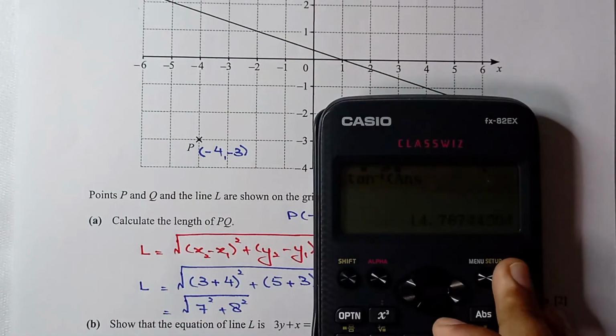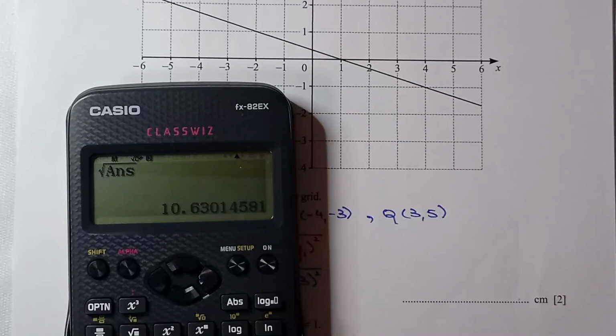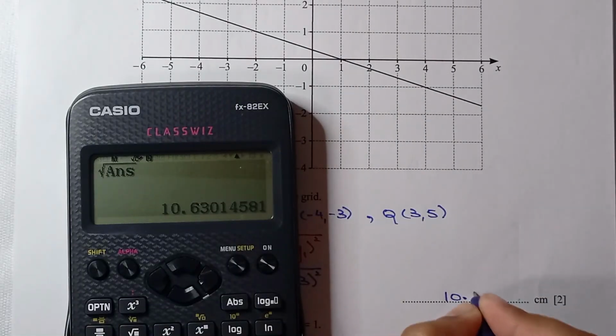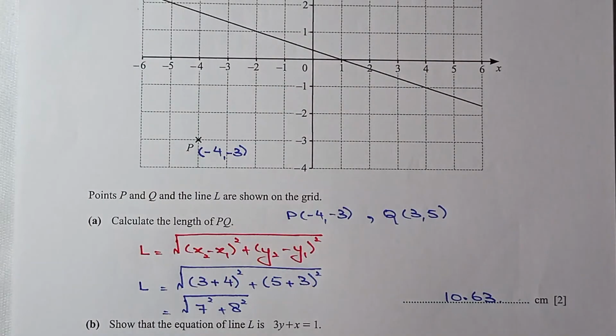We know that 7 squared is 49 and 8 squared is 64, and doing the square root we will get 10.63 centimeters as the length of the line PQ.